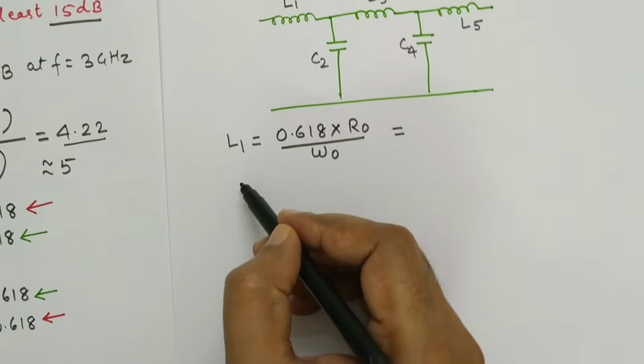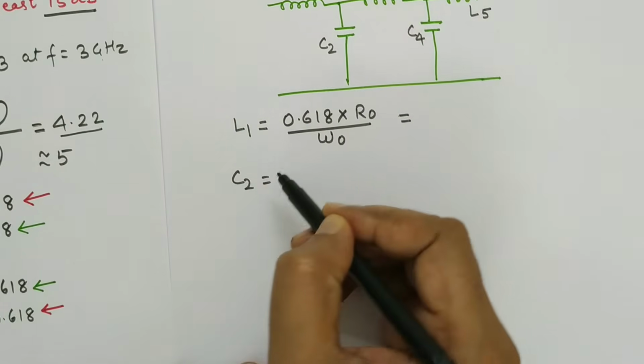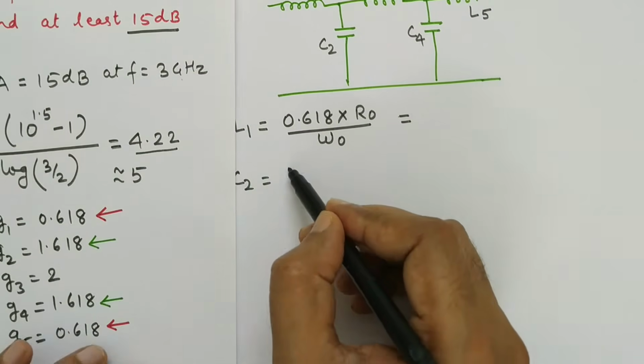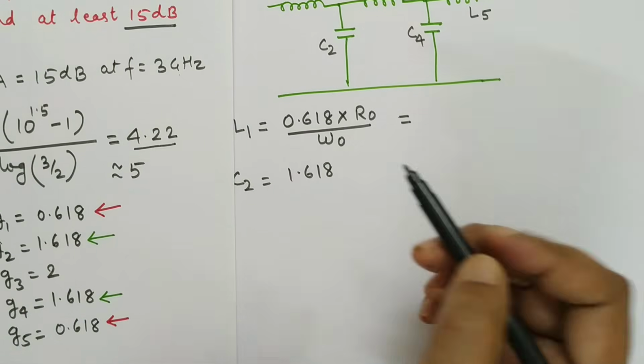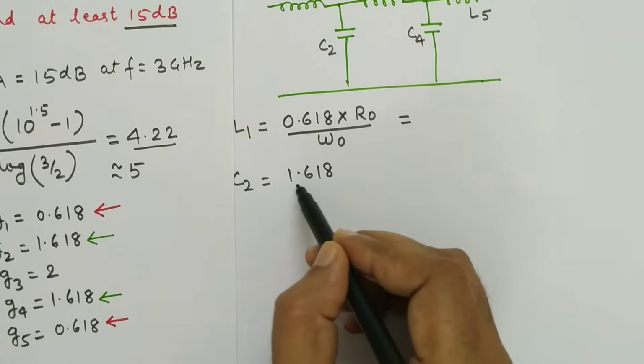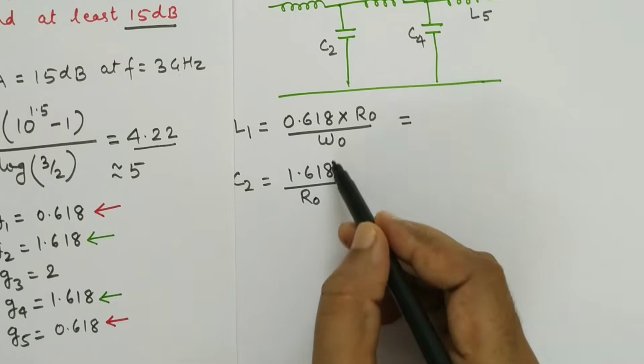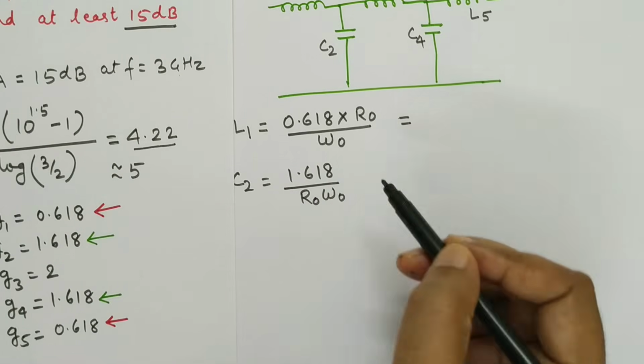Similarly for C2 we have G2 as 1.618. Here for impedance scaling we have to divide by R0. For frequency scaling also we have to divide by omega c.